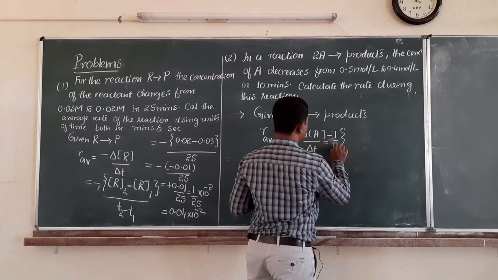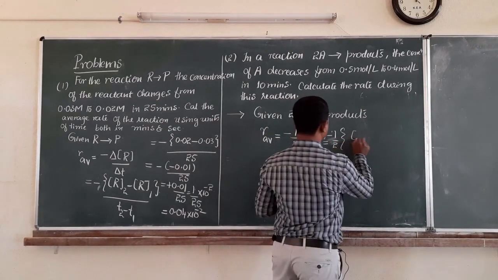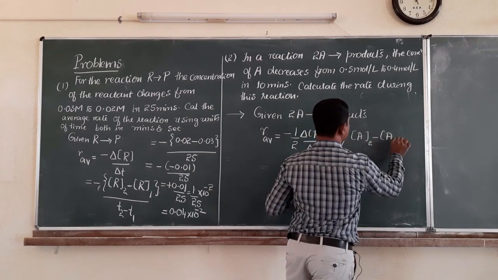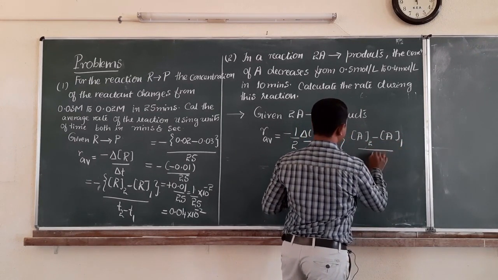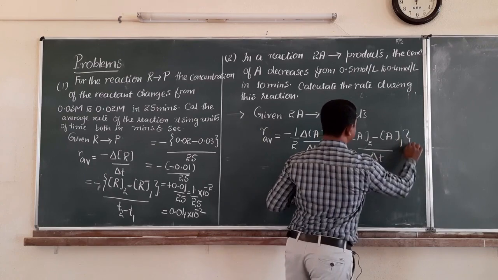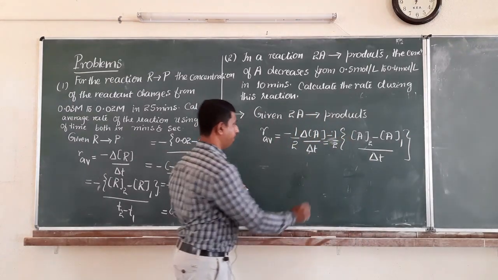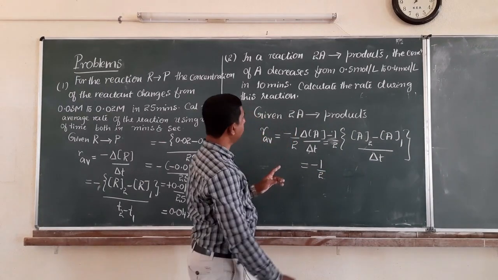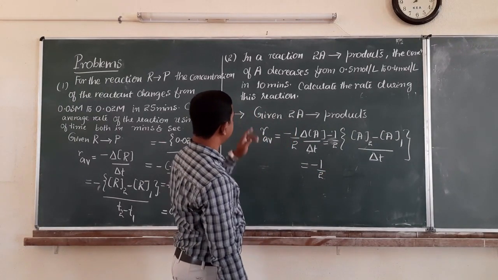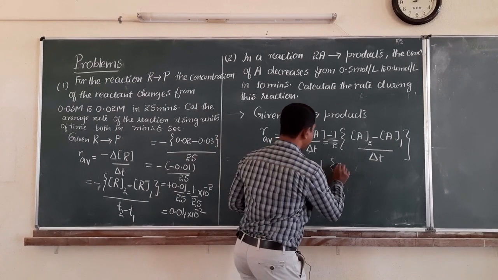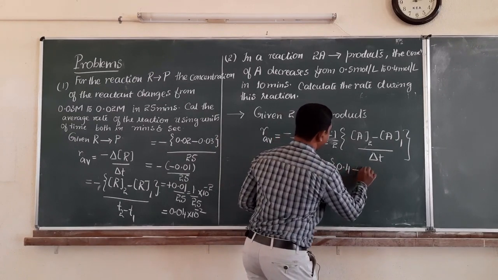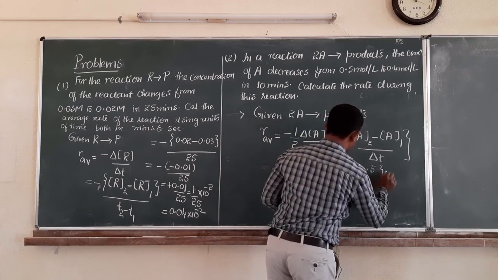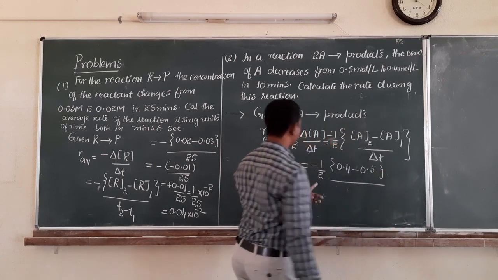It is also equal to minus 1 by 2, that is A2 minus A1, by delta T. It is equal to minus 1 by 2, A2 means final concentration, it is 0.4, minus initial value, it is 0.5, divided by time required for this change.